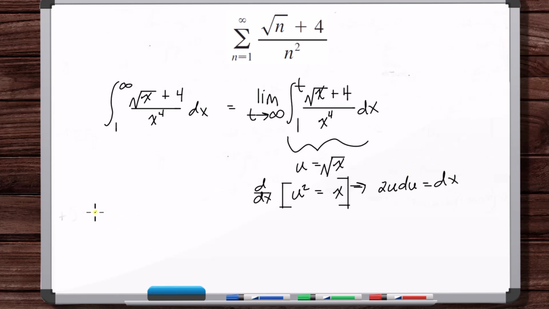All right, so we've got when x is equal to 1, u is equal to 1. When x is equal to t, u is equal to root t. Then we've got u plus 4 over x to the 4th is u to the 8th. Okay, then dx is 2u du.